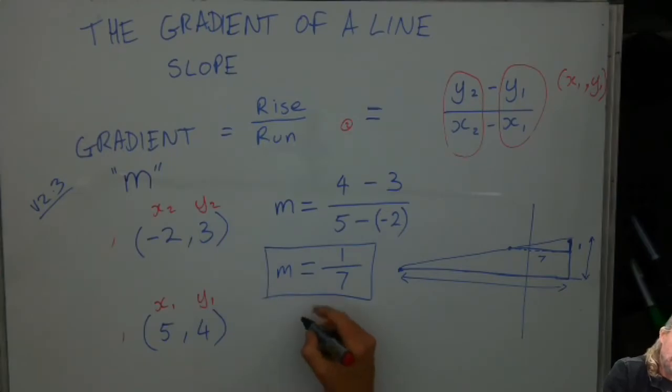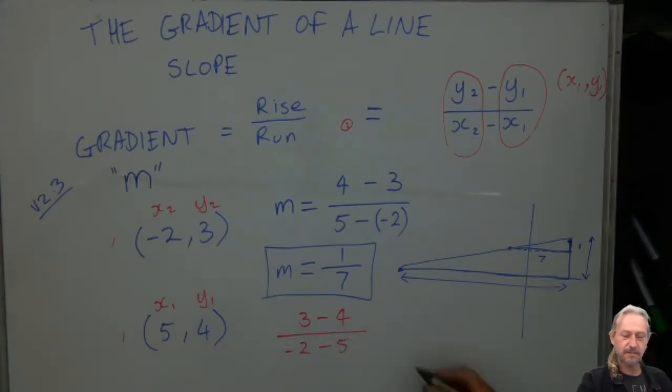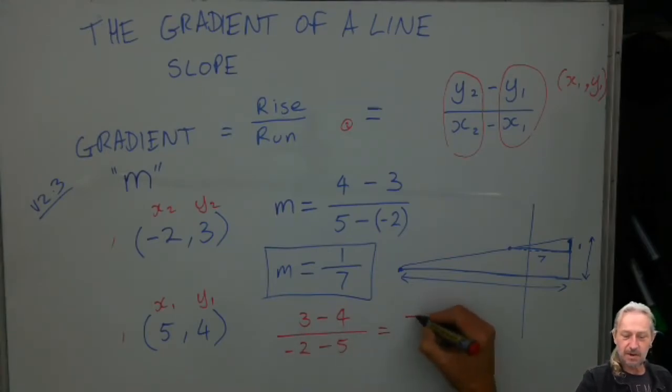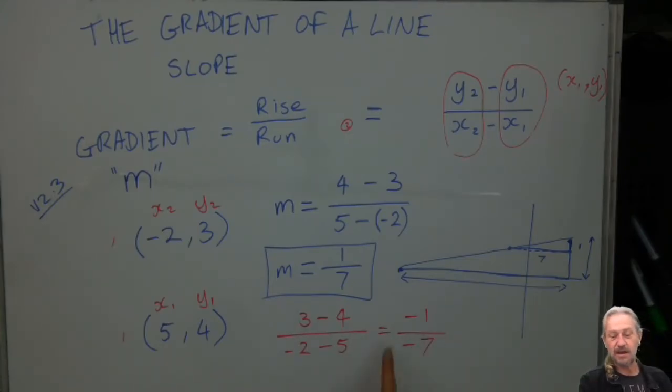So y2 would be 3 take away y1 is 4, divided by negative 2, take away x1 is 5. So this is going to give us negative 1 on the top, divided by negative 2, take away 5 is negative 7, and a negative divided by a negative is essentially a positive. So this is still going to give us 1/7, and whatever decimal that converts to.